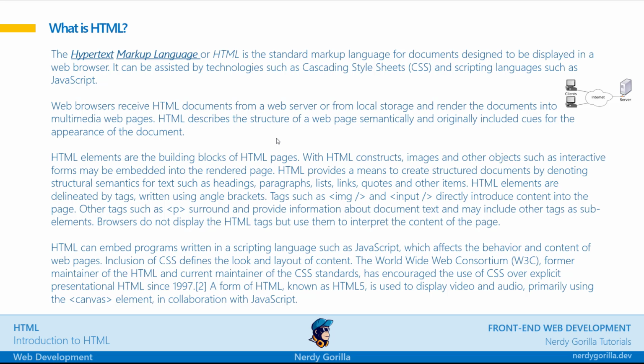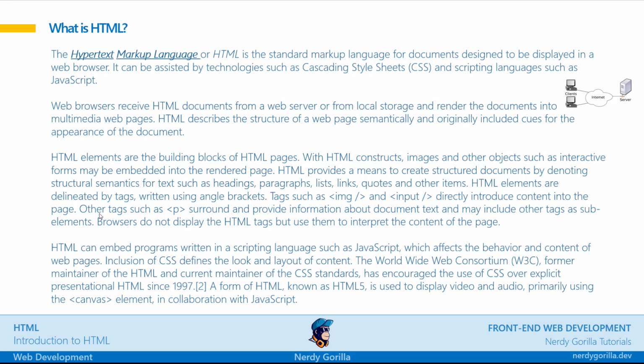HTML elements are delineated by tags written using angle brackets. These tags, such as this image tag, are included in these brackets, and also this one, which is for input. These directly introduce content into the page.